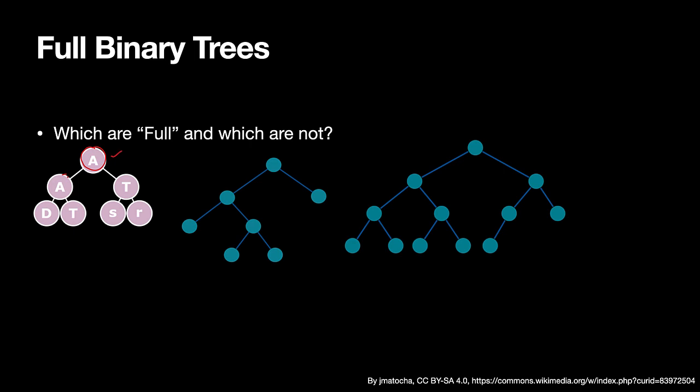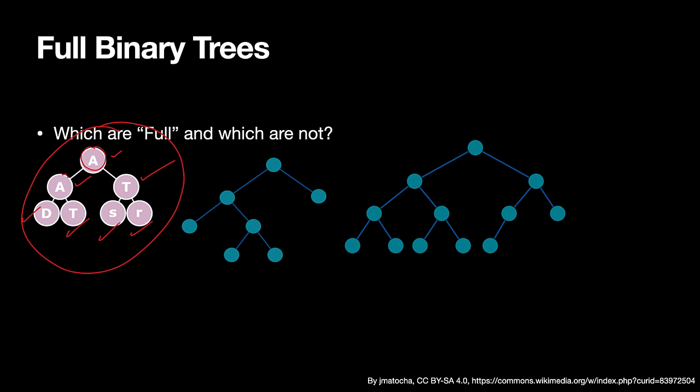So good so far. The second node that has a value of A also has 2 children. T has 2 children. D is a leaf node. It doesn't have any children, so that's good. T doesn't have any children, neither does S or R. Okay, so we would consider the class logo to also be a full binary tree.